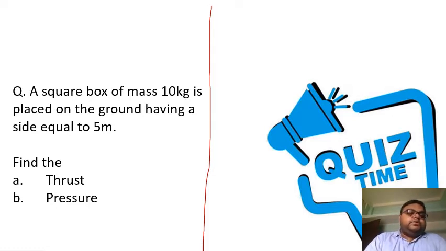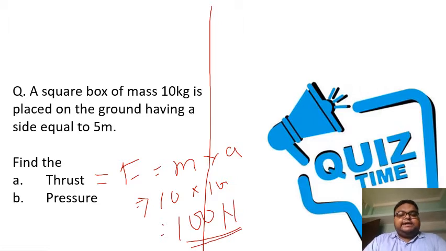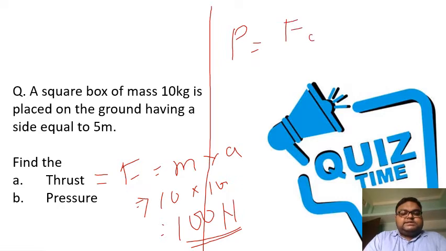Okay, so now we know that thrust is nothing but just the force, right? So we know that force equals mass times acceleration. So we can say force equals 10 kg into 10 meter per second squared. We can say 100 newtons of force or thrust is being applied by that square box. Now we know that pressure equals force or thrust per unit area.